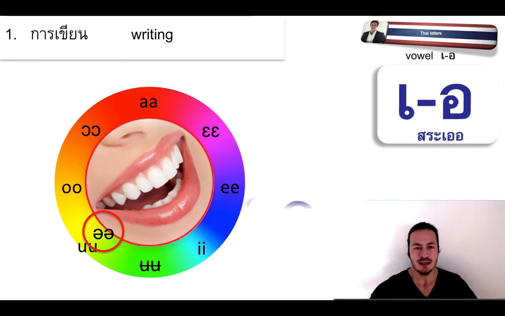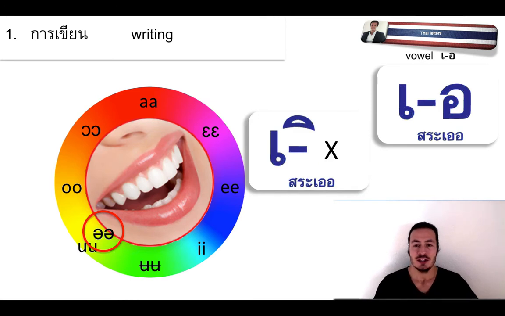Alright, there is another addition that you should know about this vowel. Since it is a combination of two symbols, one being placed in front of a consonant and the other after a consonant, whenever the vowel appears in a word which has a final consonant, it cannot be placed between the consonant it belongs to and the final consonant, because then you would have an ang in between those two.